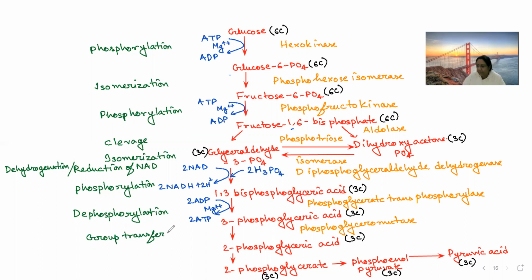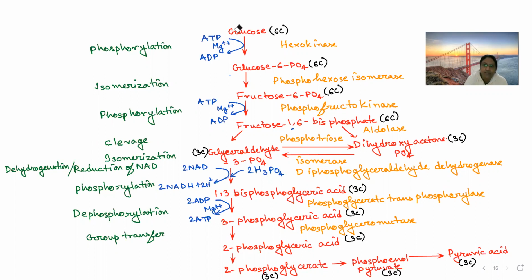So the next step is 2-phosphoglyceric acid forming 2-phosphoglycerate. Phosphoglyceric acid का formula ये होता है. And what is glycerate? Glycerates are esters. So COOH के जगह पे something else will be added. So this 2-phosphoglyceric acid is forming 2-phosphoglycerate.